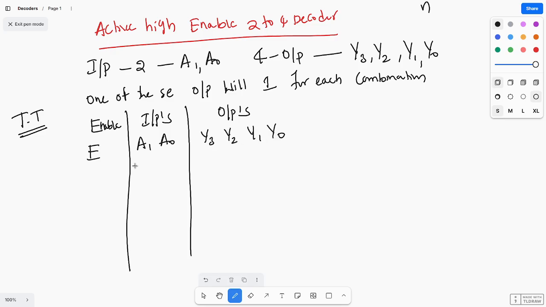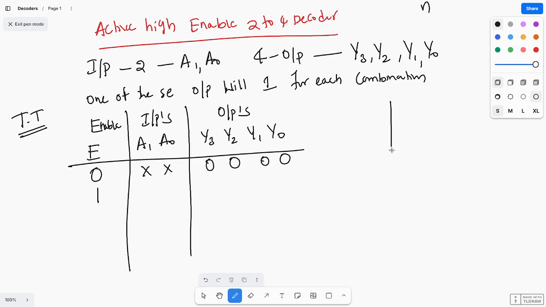If enable equals 0, whatever the A1 and A0 inputs, the output becomes zeros only. When enable equals 1, our decoder will activate.